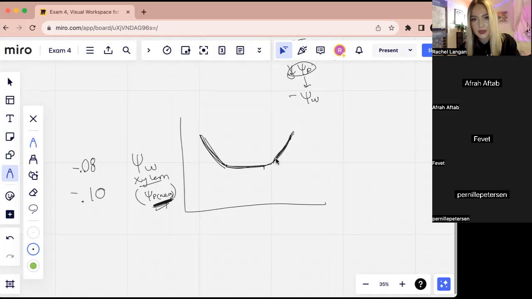It will become less negative because there's less negative pressure. So I'd say maybe that's like dawn. This would be like dusk. Maybe 12 p.m.